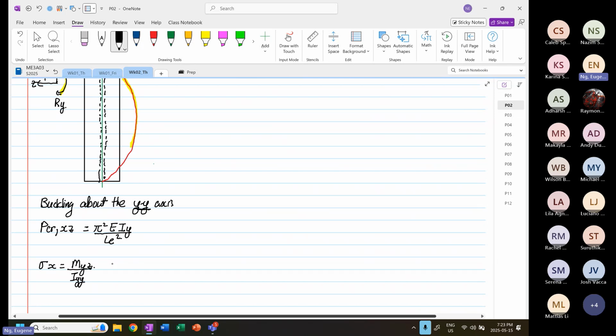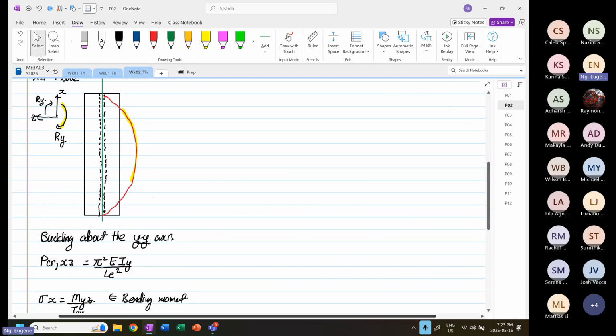This is in terms of bending moment. And if you look at the structure, how it is deformed in terms of moment, we also have moment, right? Acting about the what? Y-axis. So these are the similarities regarding bending, okay, and buckling, as you can see now.